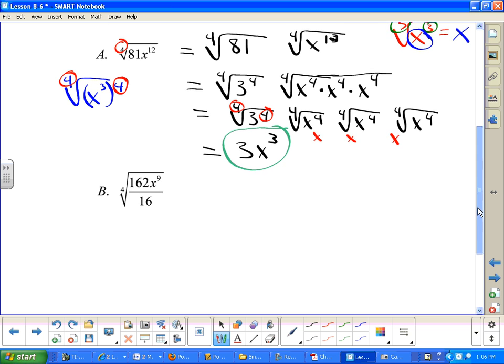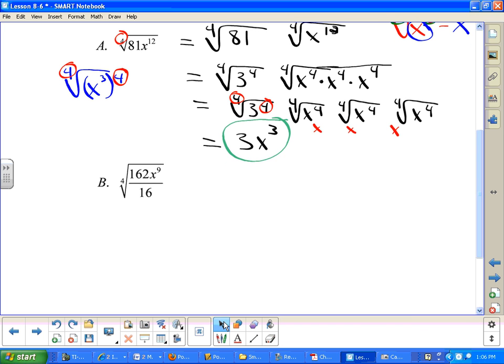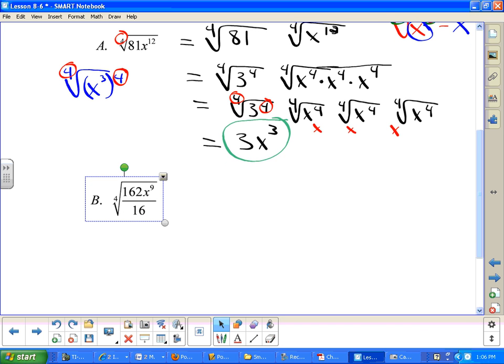Okay, let's look at letter B. All right, we're also using 4th power again. Now, lots of times, my first step would be to simplify a fraction if I can.